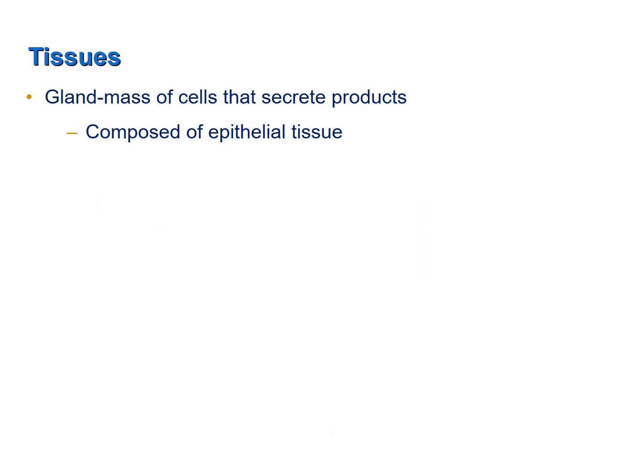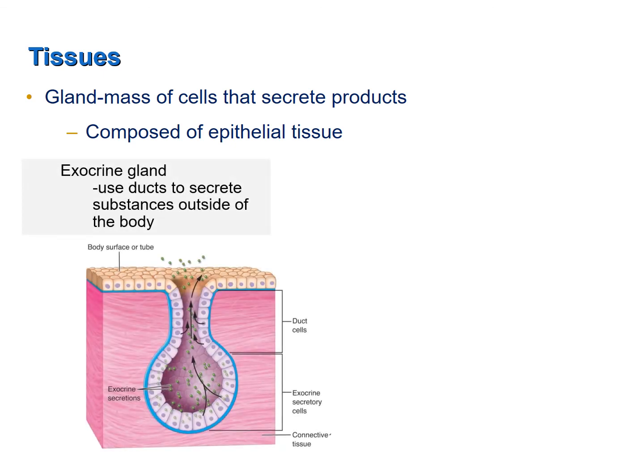A gland is a mass of cells that secrete products, and the cells obtain the raw materials to assemble and secrete those products from the blood. Glands are composed of epithelial tissue, and there are two types of glands. Exocrine glands secrete substances outside of the body. Ducts convey the secretions to the outer surface of the body.